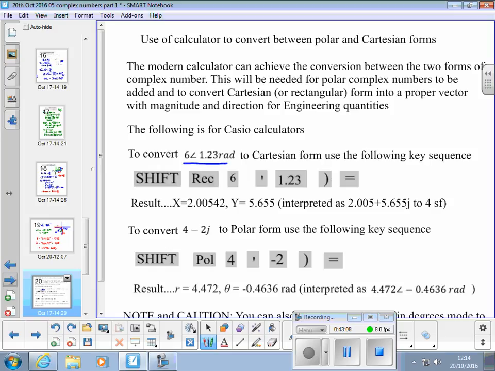Then you put in the angle part, which is 1.23 radians. Close the brackets and press the equal sign.